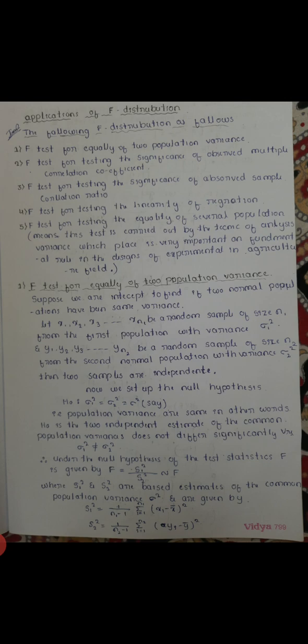Third, F test for testing the significance of an observed sample correlation ratio. Fourth, F test for testing the linearity of regression. Last one, F test for testing the equality of several population means.